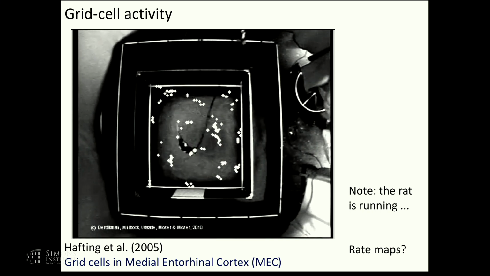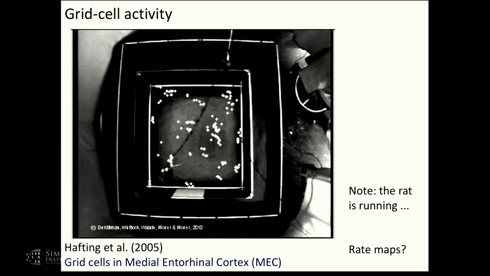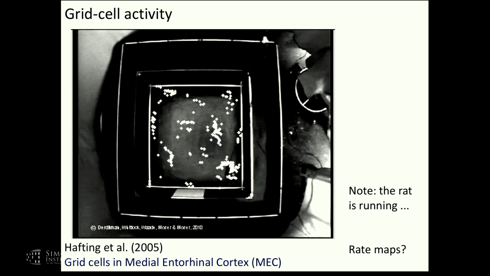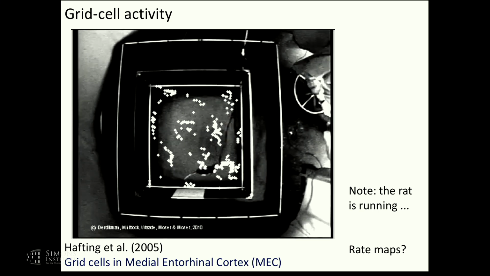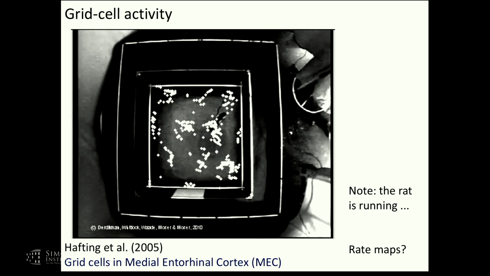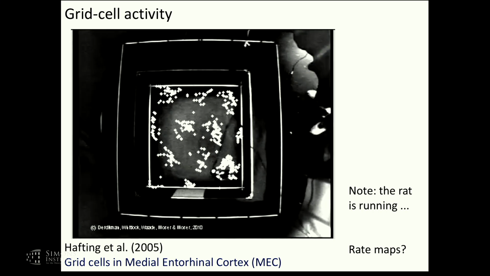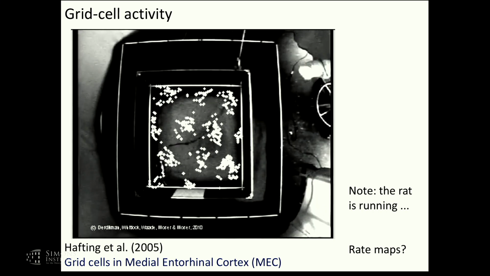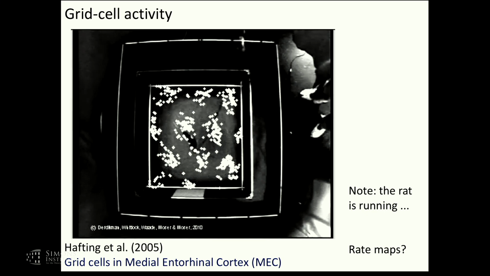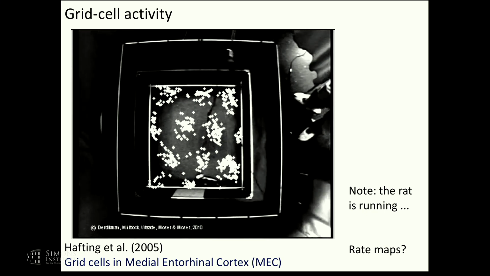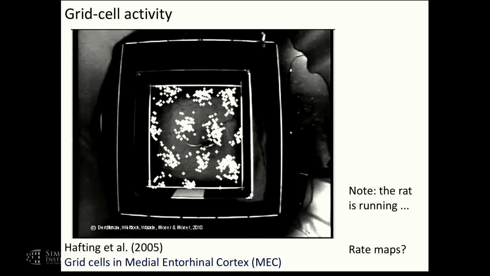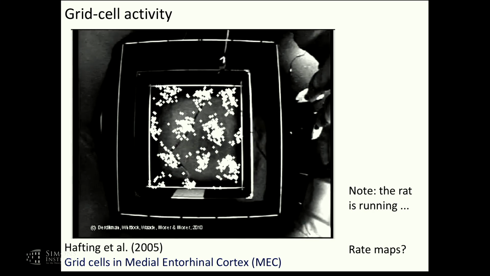That you can even talk about a nice firing field probably doesn't hold, because you'll see these streaks of action potentials that clearly show that the individual spikes are not independently drawn from some distribution described by the firing field. So I think, yes, that was what I tried to get across today.